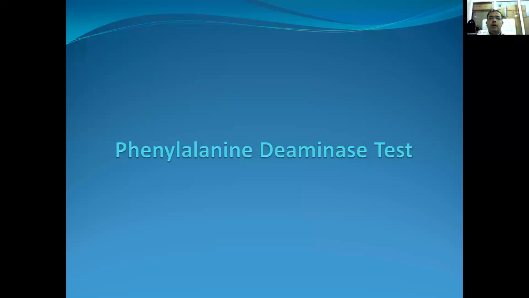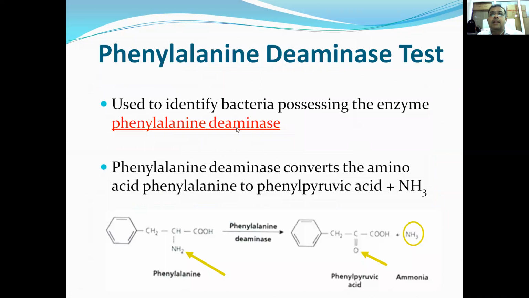Now moving to the second last test, that is the phenylalanine deaminase test. Here also this is the name of an enzyme. This enzyme, phenylalanine deaminase, is particularly useful to degrade phenylalanine into phenyl pyruvic acid and ammonia.